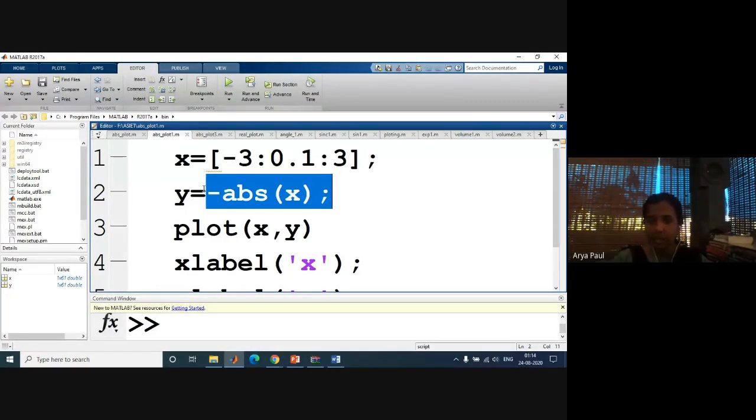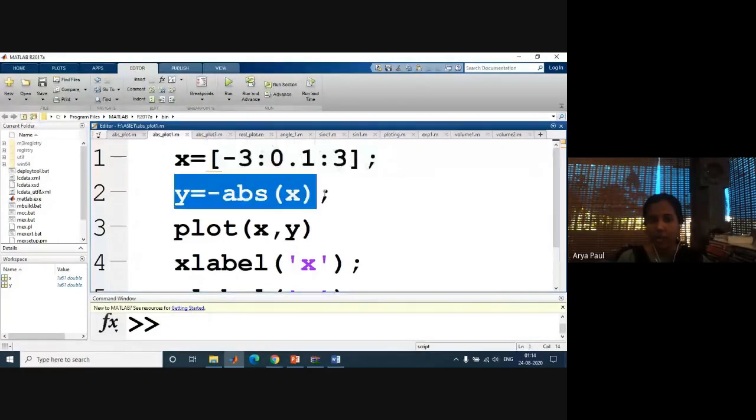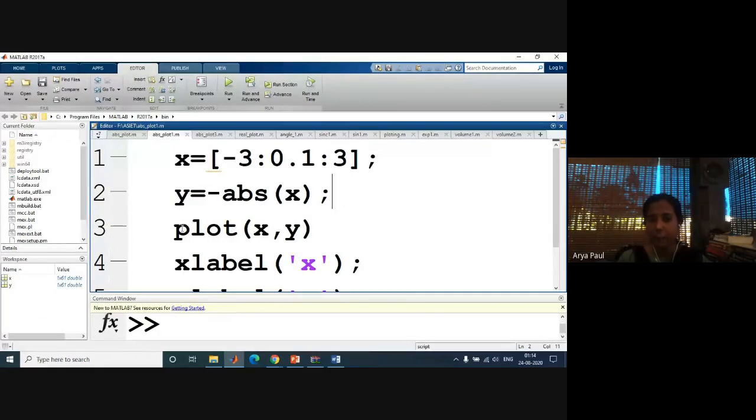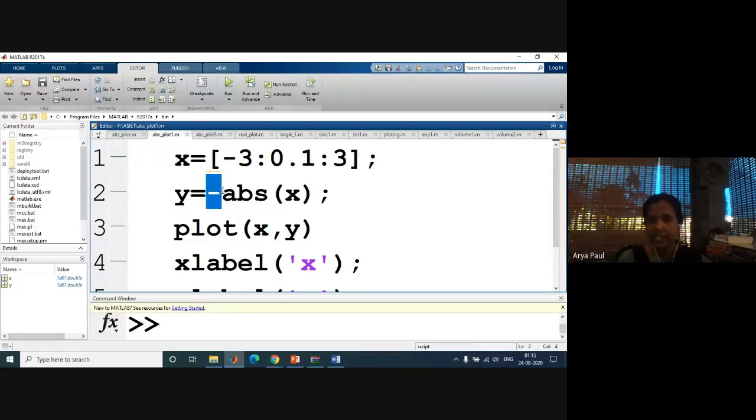X equal to -3 colon 0.1 colon 3, Y equal to minus of ABS of X, plot of X comma Y, then you are labeling it with X label and Y label. You are just taking the minus value of ABS of that. That means for positive integers you will be getting negative values, and for negative integers you will be getting negative values, isn't it?